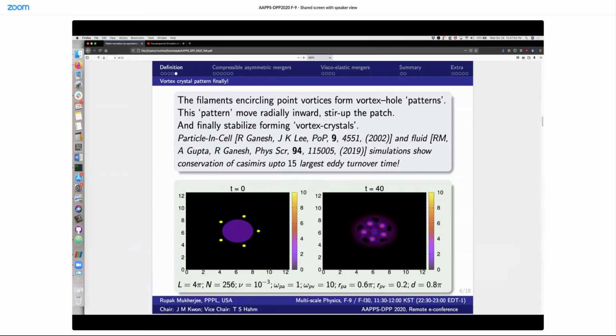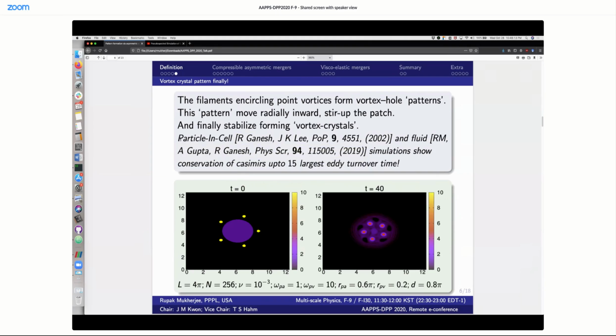This is the kind of pattern you observe as you run the simulation. The filaments encircling the point vortices form vortex hole patterns. This pattern moves radially inward and stirs up the patch and finally stabilizes, forming vortex crystals.